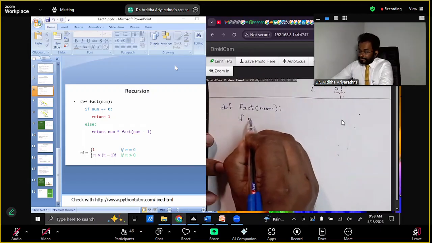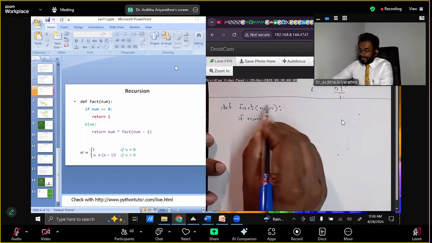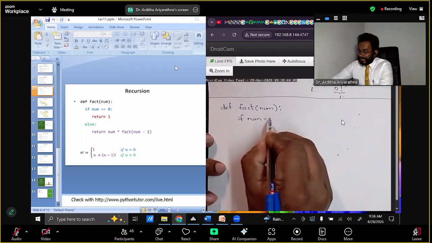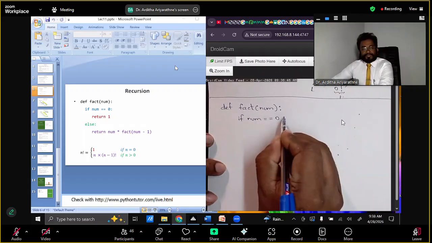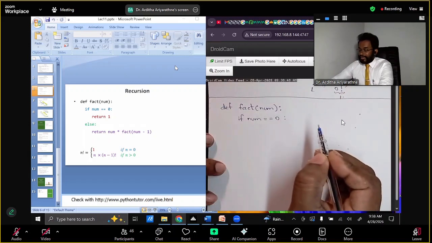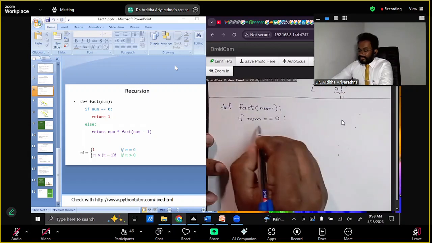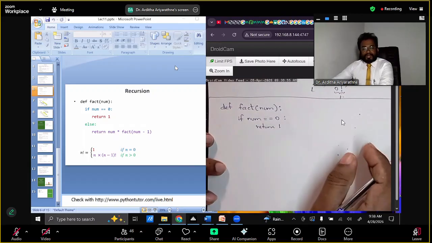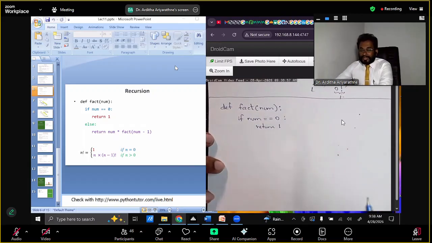If num, meaning the parameter, is equal to 0, then we have to return 1. We are returning 1 because the answer for factorial 0 is 1.